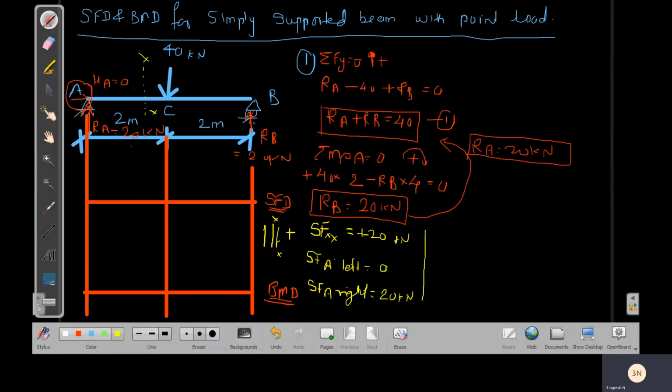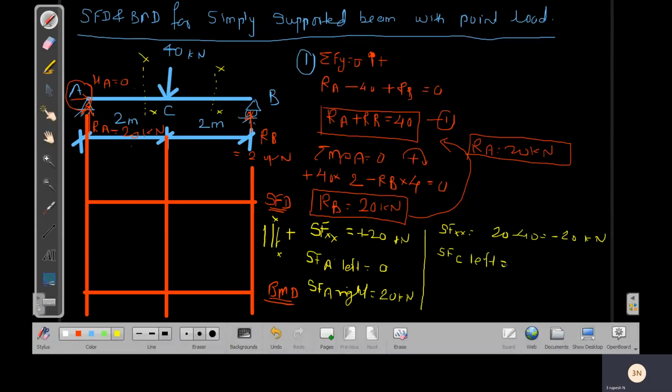Now the second, consider this section XX, for example. Then you have to find out the shear force at that section XX, which is equal to 20 minus 40, is equal to minus 20 kilonewton. Okay, you have to find out the shear force at C to the left.